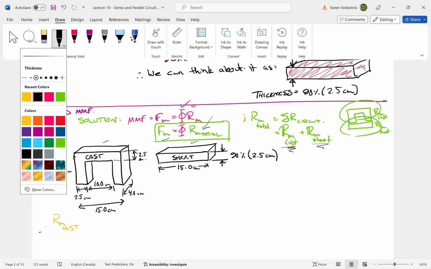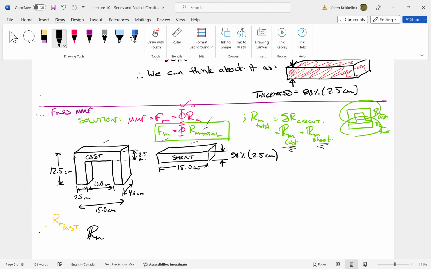Simply our equation that we've always used: Rm is equal to mean path length over permeability of the cast section times cross-sectional area. I'll just put a subscript C for cast here. So that's the formula we are going to use to find the Rm of the cast section, where L equals mean path length, which is the average path length that the magnetic lines of force are going to travel.